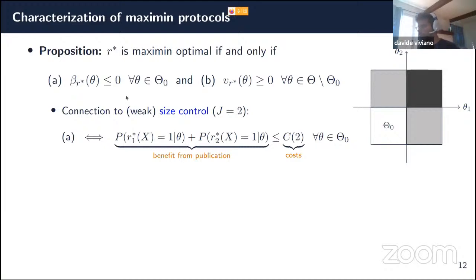Now, to understand a little bit the second condition, let's look at the case again in a two-dimensional setting. Now, in a two-dimensional setting, we may have two different orthants, and in these orthants, the effect of a policy is positive, and the effect of a different policy is instead negative. Now, condition B states that even in this orthant, the overall welfare effect is still positive.